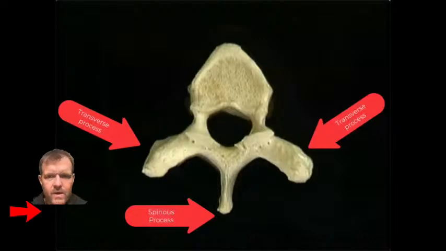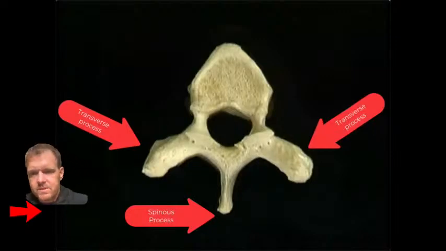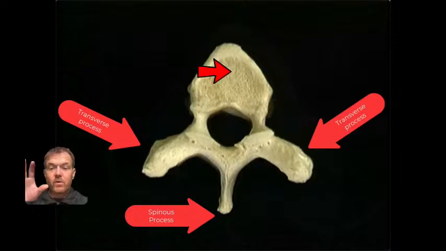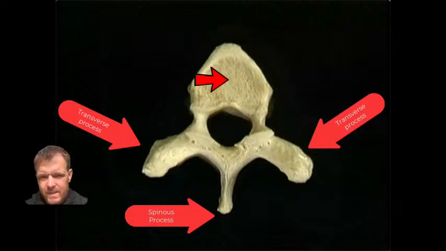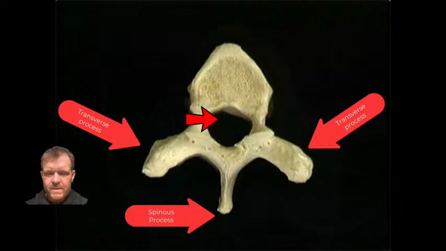Here we go. Okay, so this is your spinal column, sorry, from a top-down view. This is a thoracic vertebra. Just because of the shape of it, you can tell this is the vertebral foramen that I was talking about before. So that's the hole in the middle where the spinal cord goes down. Transverse process, spinous process.